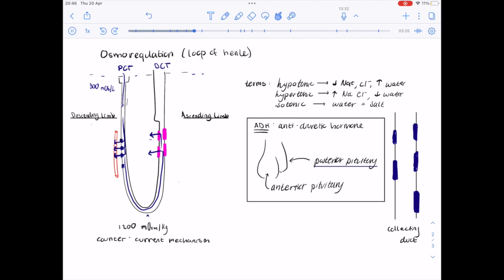By the time we hit the hairpin, or the bottom of the loop of Henle, we've hit 1,200 milliosmoles per kilogram, okay? When we go back up, because we're secreting more solutes than water, by the time we actually reach the top of the ascending limb, then we're about 120 milliosmoles per kilogram.